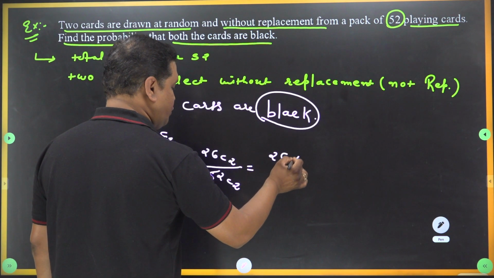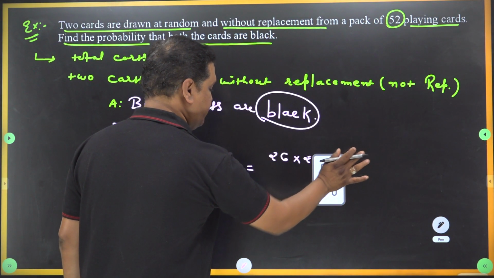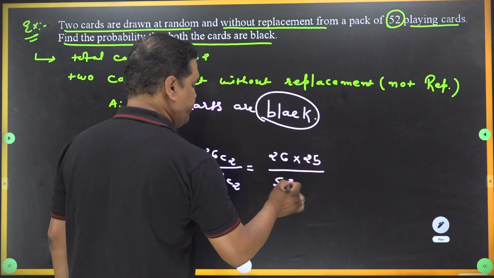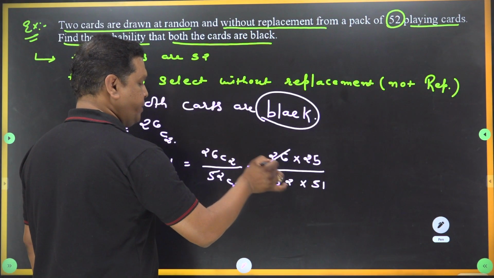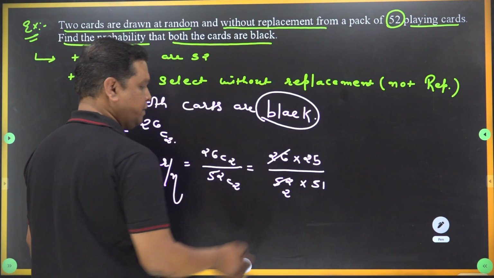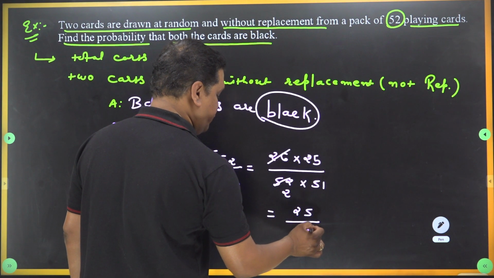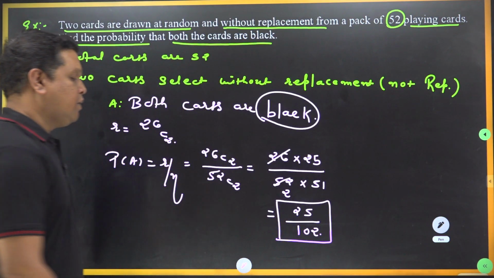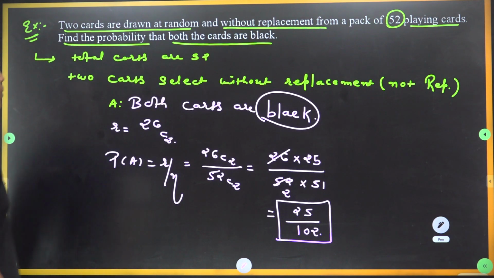So 26 into 25 upon 52 into 51. 26 twos are 52, so answer is 25 upon 102. 25 upon 102. Take a look once.